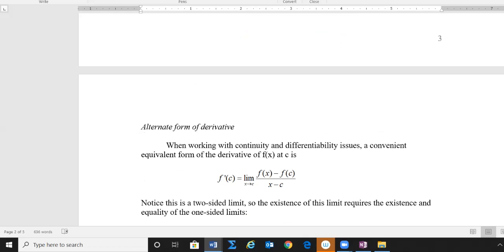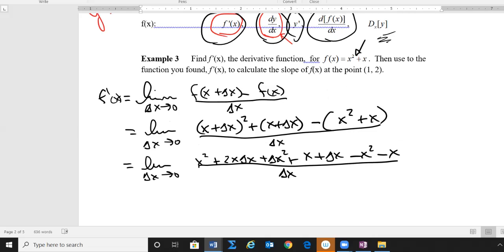And now this becomes the limit as delta x approaches 0. I can get rid of a few things here. I can get rid of x squared, that minus x squared. What else? I've got an x here and a minus x. And the rest of it looks like I'm kind of stuck with it.